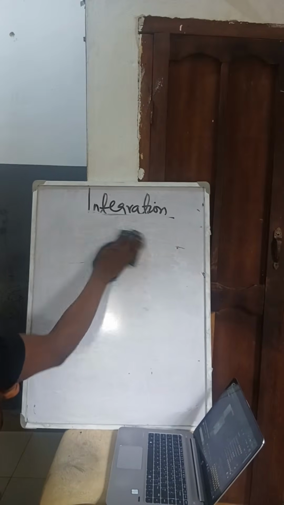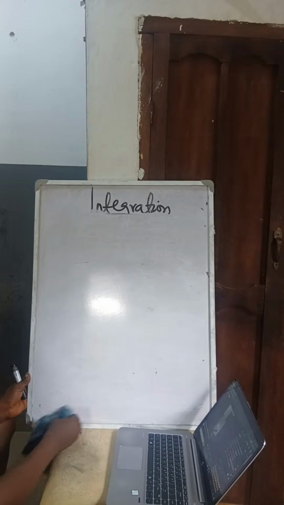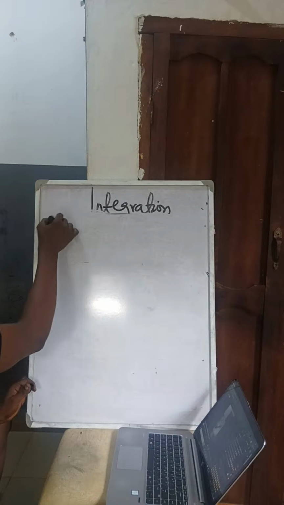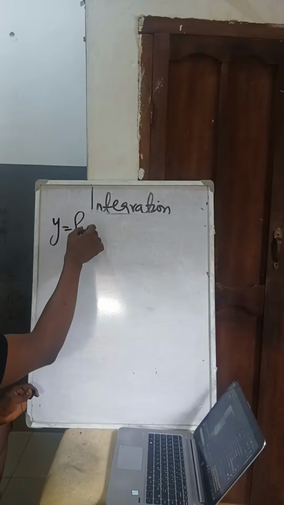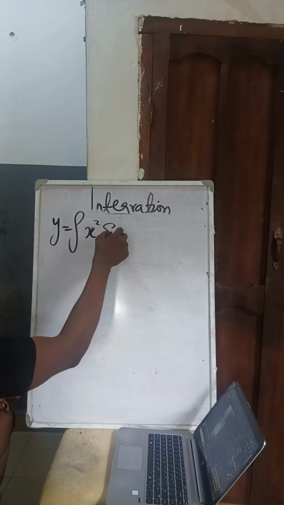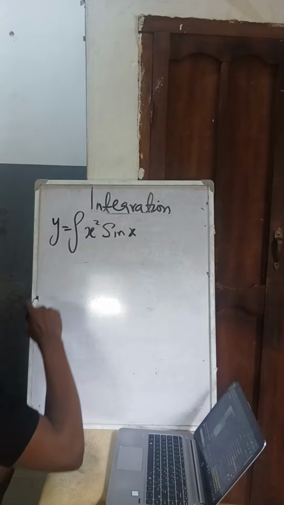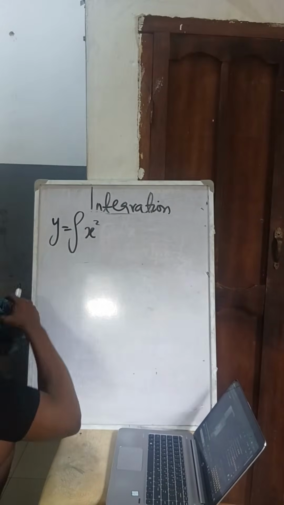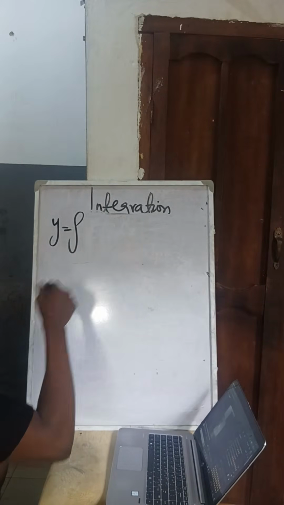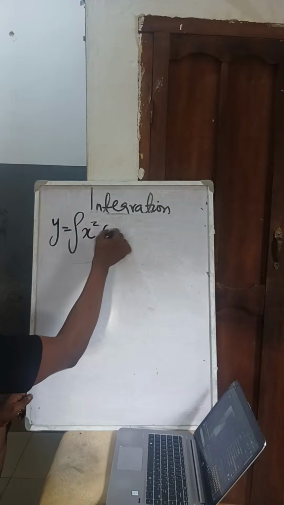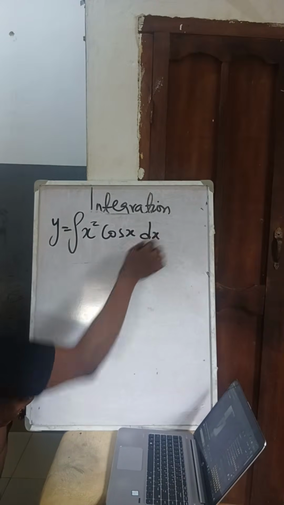Integration by parts. I am saying if you are given the integral of x squared sine x, or let's use cos x this time around, x squared cos x dx.